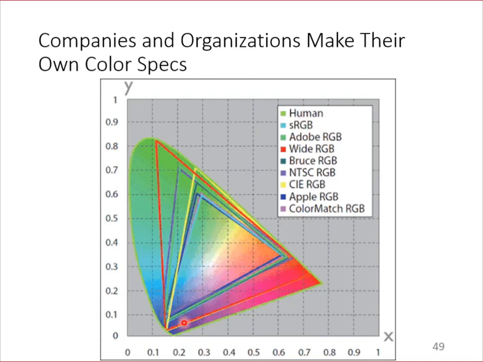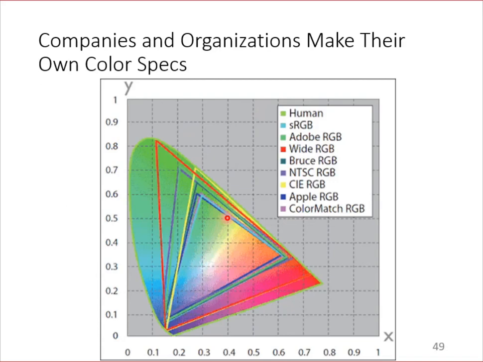So different companies define their own color spaces. Adobe RGB is slightly larger than sRGB. It is the green one, this one. And there is also NTSC RGB, the blue one. So what is NTSC? NTSC is the spec for television sets.